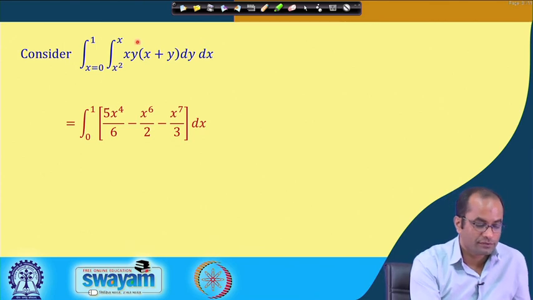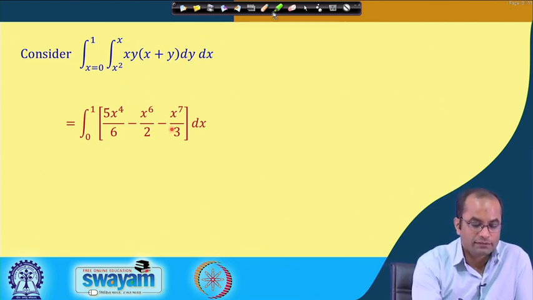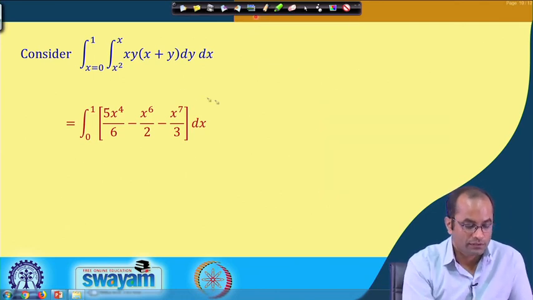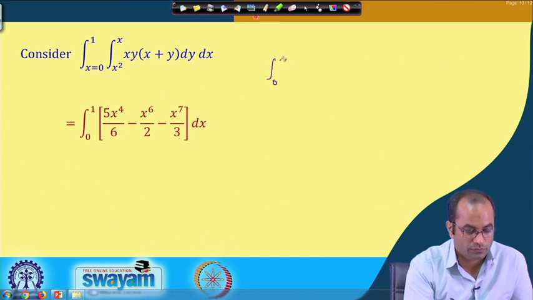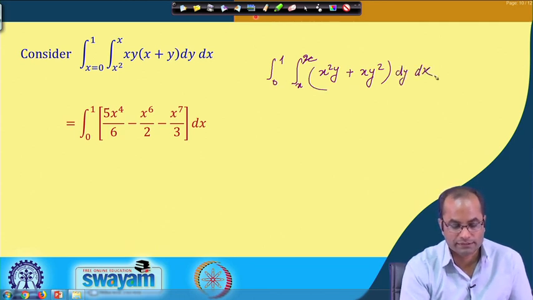After the integration of the inner integral, we will get this. So, we have this integral from 0 to 1, and then x square to x, the integrand is x square y plus x y square with respect to dy and then dx.